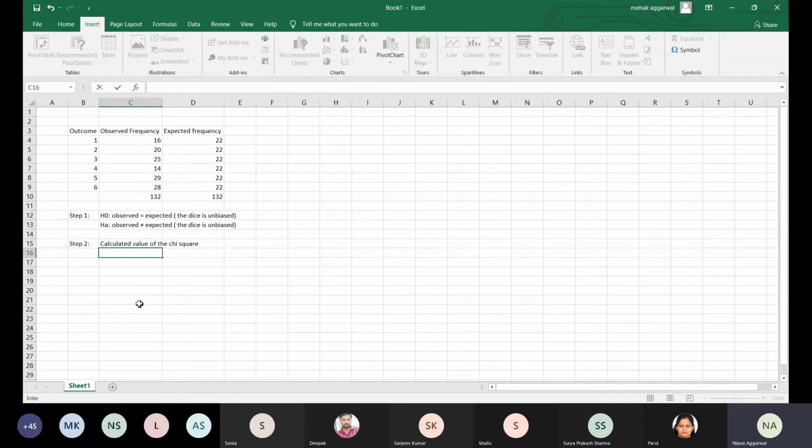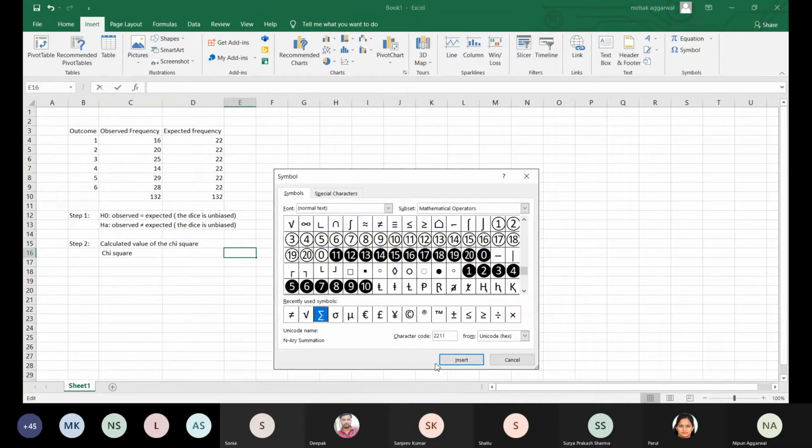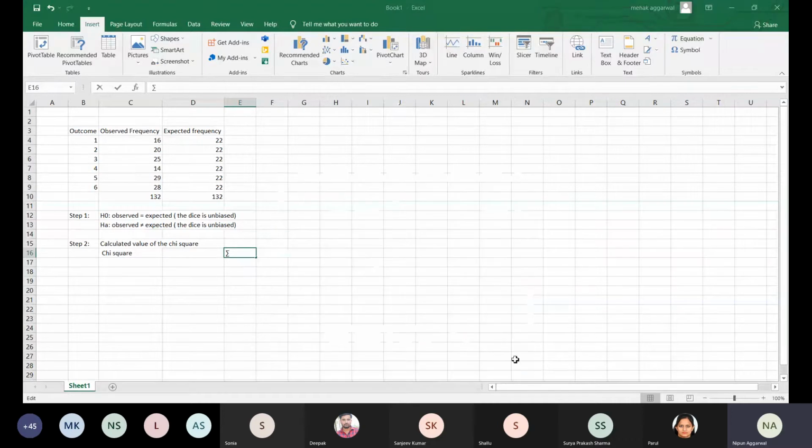The formula for chi-square is the summation of observed minus expected, squared, and divided by expected.